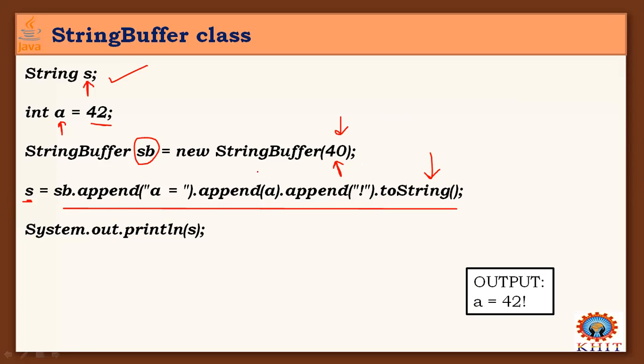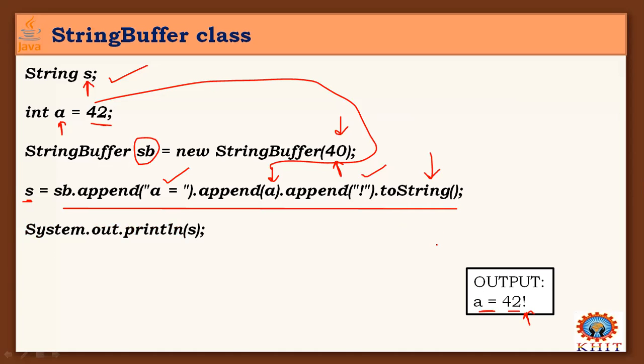This 40 is appended with this first string "a =", then appended with variable a, which contains 42. So then a = 42, and at last an exclamation mark, right?